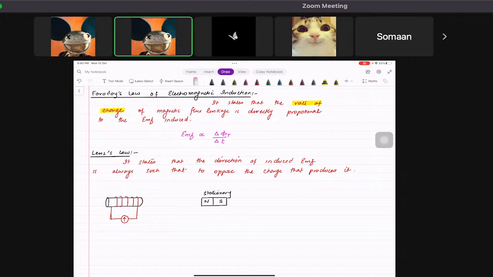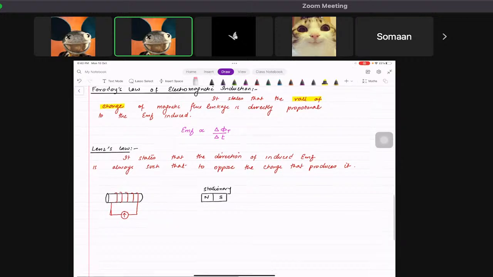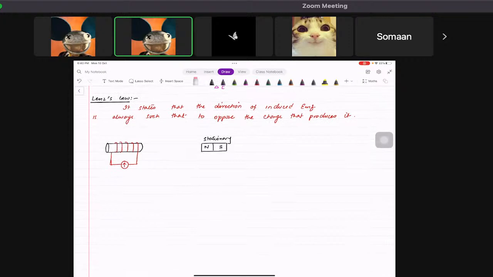Now, when the magnet was stationary, what Faraday observed was that the current in this was not induced. The current was just zero, even though the magnet was quite far away from this.